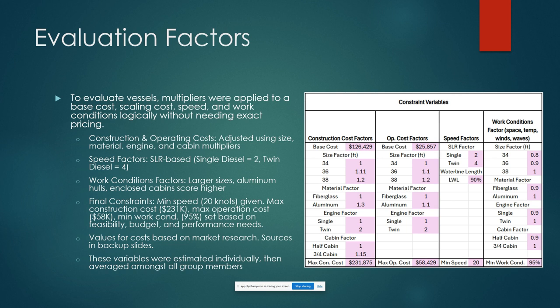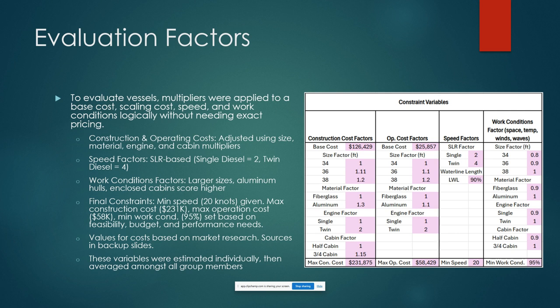Okay. Next, I'll go into the evaluation factors that we used during this project. To evaluate the 24 different vessels, multipliers were applied to a base cost instead of using absolute values. This scaled the cost, speed, and work conditions logically without needing exact prices for everything.